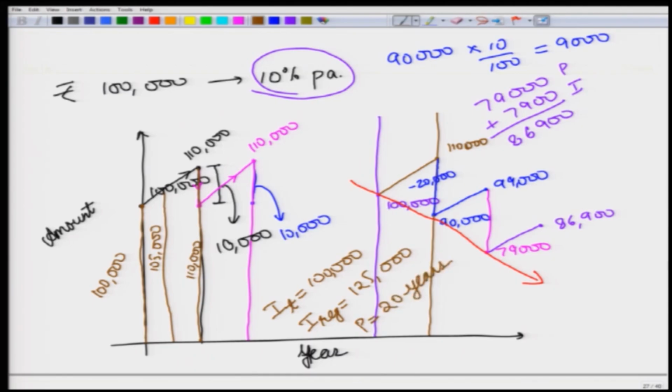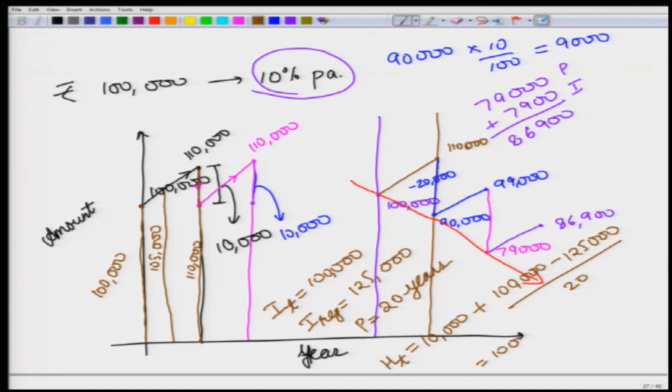So, the Austrian formula would say that the amount that I can extract out every year is equal to the increment, which is 10,000, plus IT, which is 100,000 minus 125,000, divided by 20.